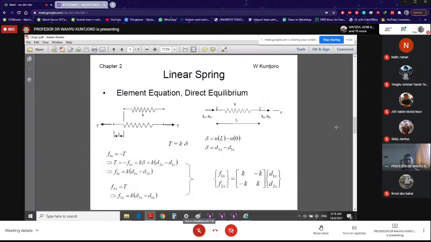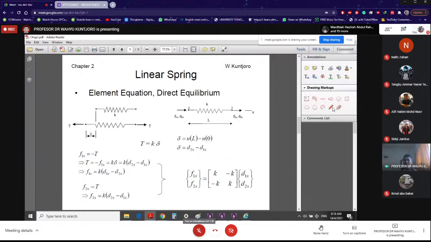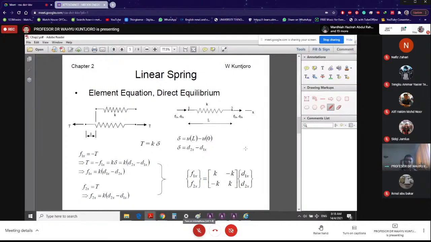And we did it 2 days ago, by doing this simple approach, which we call the force and displacement approach. Some people also call it the stiffness method approach. But at the end of the day, our equation is as what you have there on the bottom right. So that is our element equation.